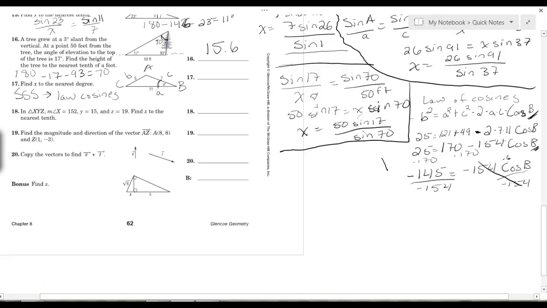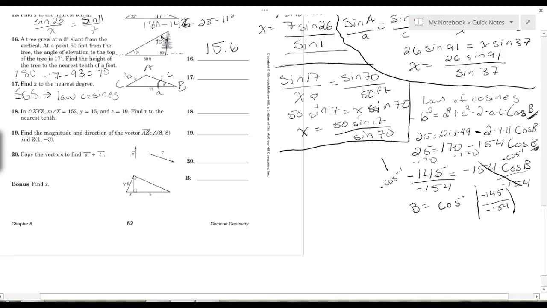So I'm going to multiply this side by inverse cosine. So now b equals the inverse cosine of negative 145 over negative 154.